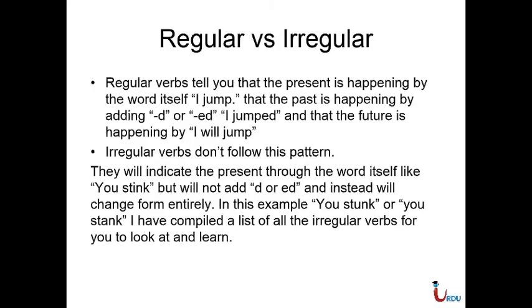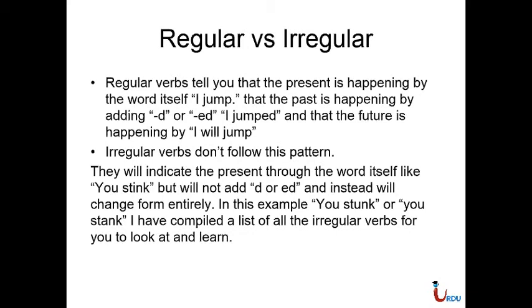So regular versus irregular verbs. You might want to pause the video here so you can read the slide. However, regular and irregular verbs are very simple. At the end of the lecture, I'm going to leave a link so that you can see the differences between regular and irregular verbs, an entire compiled list of all the irregular verbs.